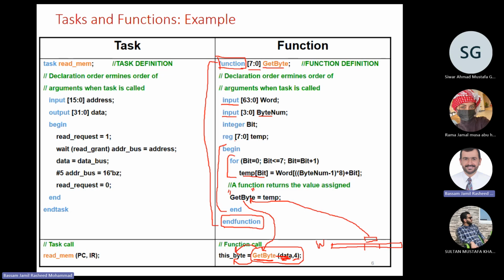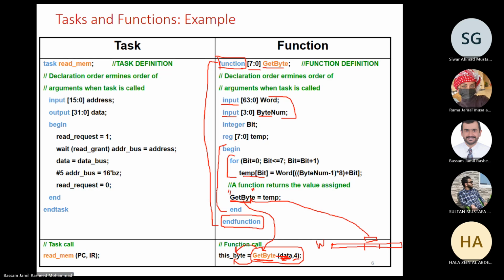So again, pay attention to the syntax. Notice for a function here, you don't have an output. The reason is there is one single output for the function, and that is the name of the function. That's one of the differences between function and task. Also notice that there is no delay here.